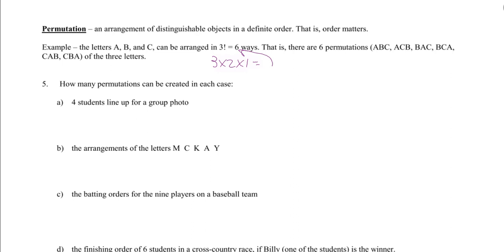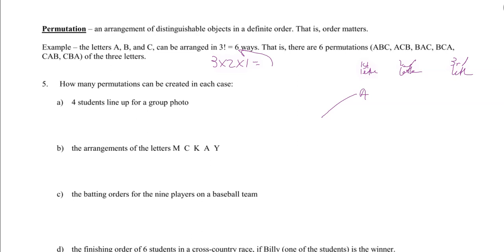Now, you could draw a tree diagram to do this. You could say I could start with an A or a B or a C, and if I start with an A, then I have a B. Let me show you what a tree diagram would look like. First letter, second letter, third letter.